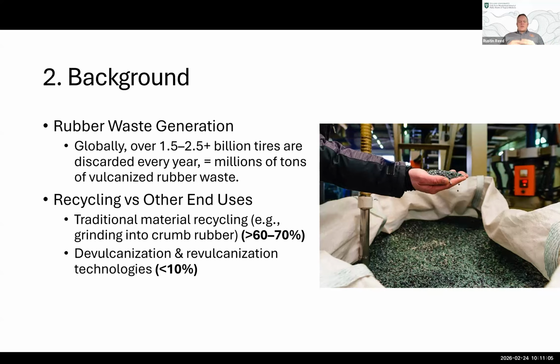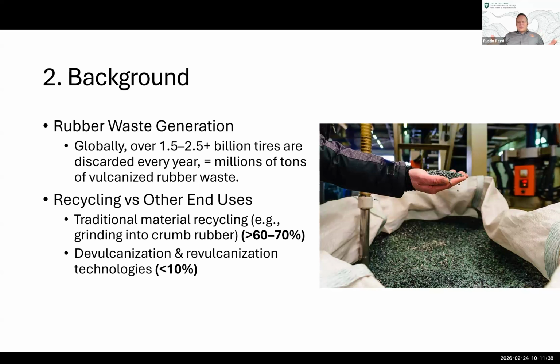Most of it we shred up into pieces and we make what's called crumb rubber, or it can be sort of pelletized. You see that at playgrounds, for example. So we haven't reshaped the rubber back into the original product with its original qualities and strength. It's not quite as good as the original product, but for a playground, we don't need something of as high a quality as, say, an airplane tire.